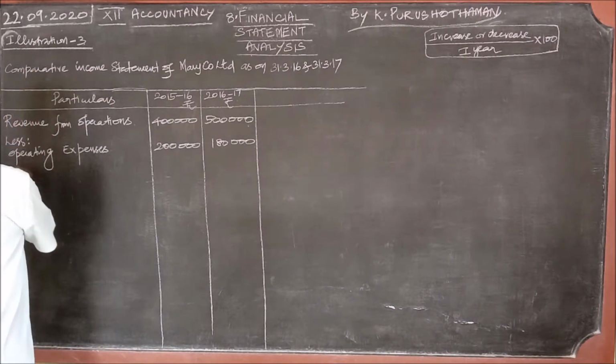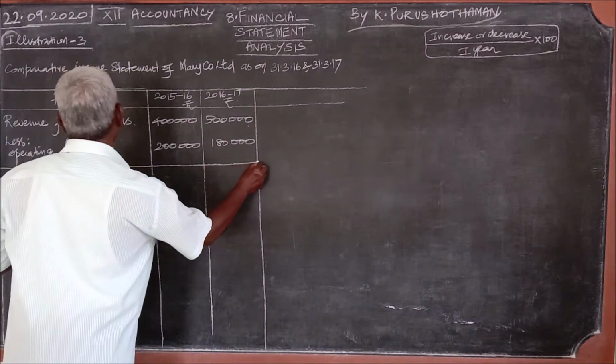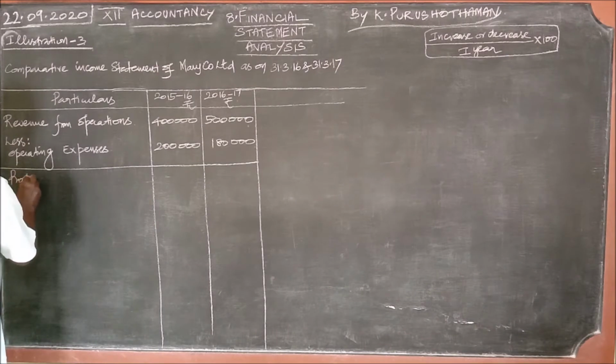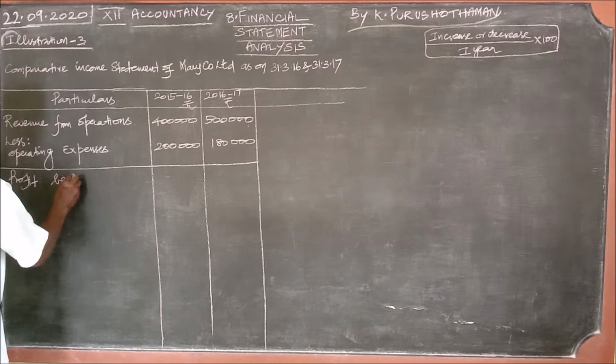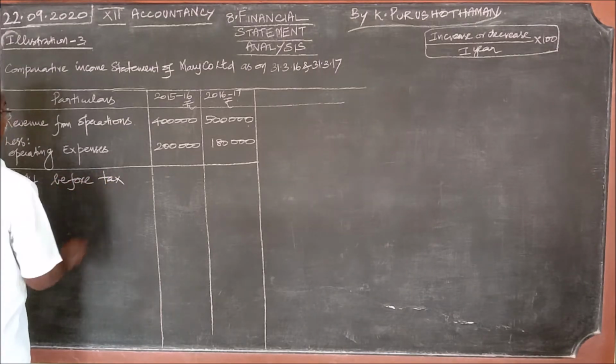Then we should find the profit from income. If we subtract, we can find the profit before paying the tax. Profit before tax.